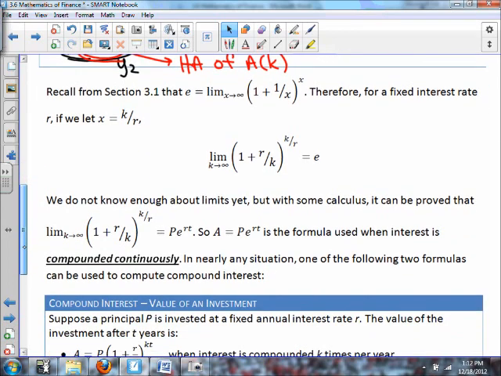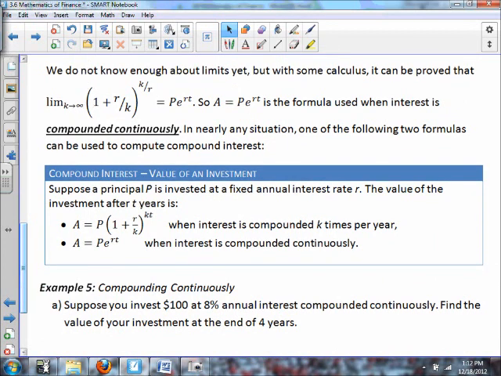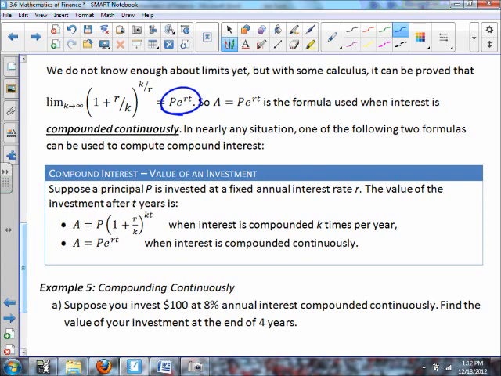That is also going to equal e. We don't know enough about limits, but with some calculus it can be proved that that limit will equal the principal times e to the RT power. So A equals P e to the RT power is the formula that's going to be used when interest is compounded continuously.